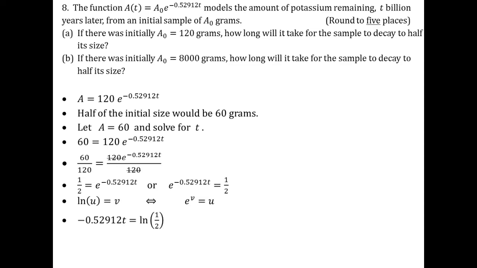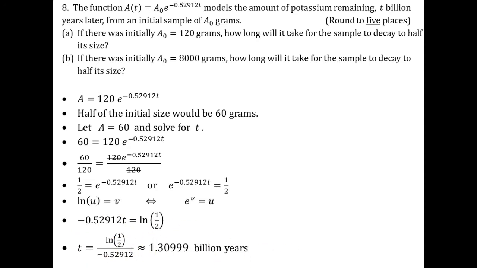And then we're going to eventually solve for t by dividing by negative 0.52912. And so we get that t is the natural log of 1/2 over negative 0.52912. And that's about 1.30999 billion years. Here we have the exact form. Here we have our decimal approximate.